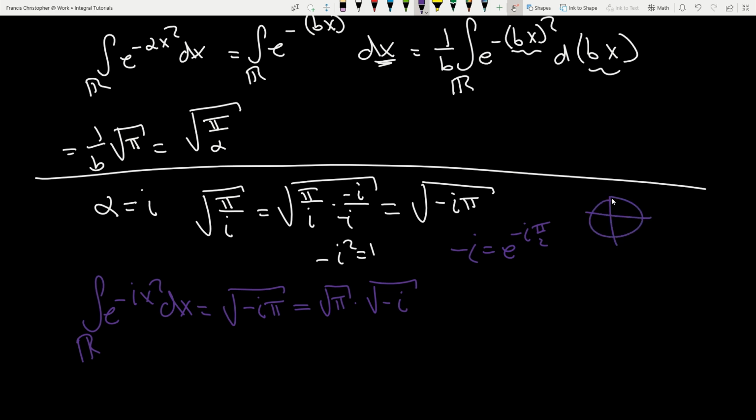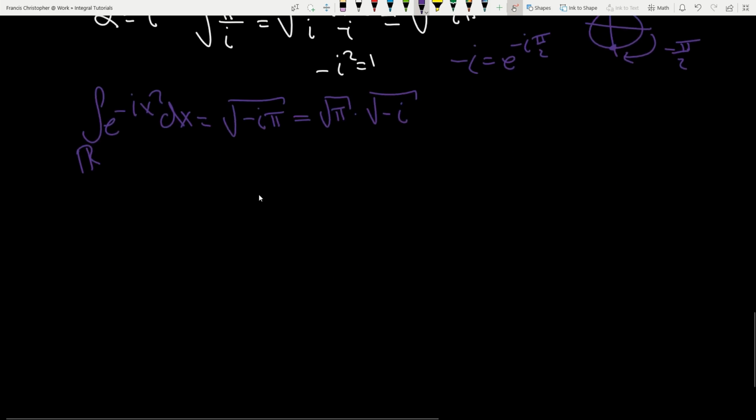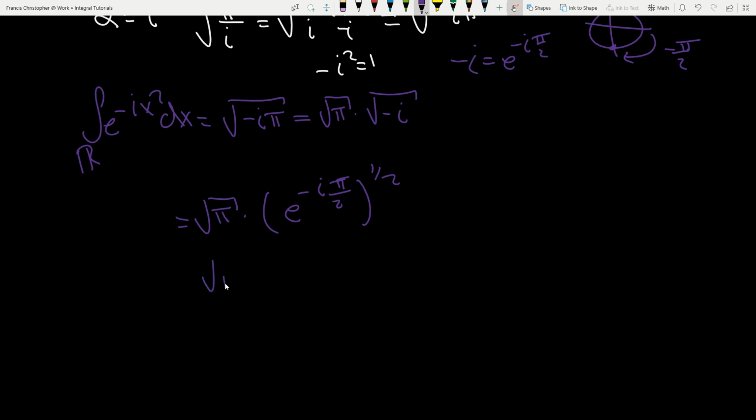So we have our complex plane. Negative I lands here, and this angle is negative pi divided by 2. So then this becomes the square root of pi times e to the negative I pi halves to the 1/2, because I'm taking the square root. And then bringing this into the e power, e to the negative I pi divided by 4.